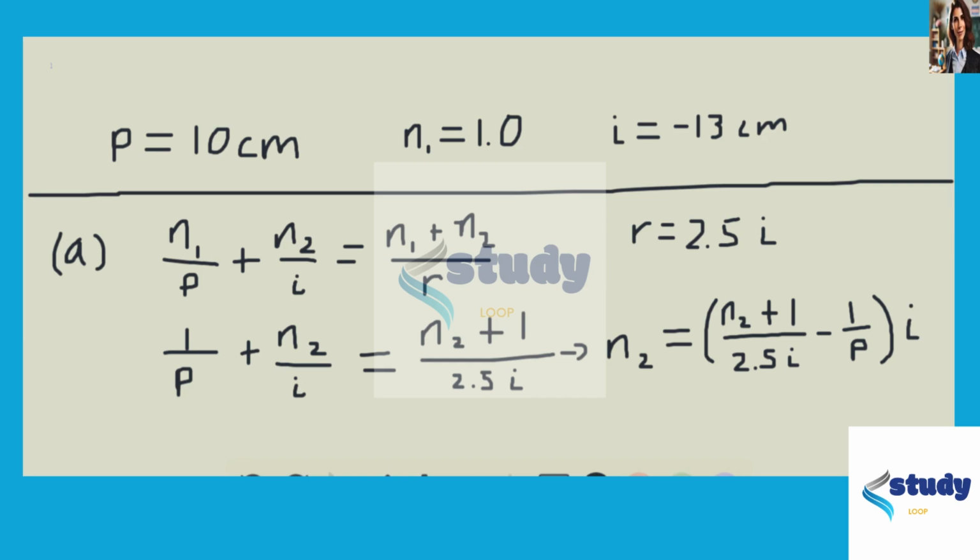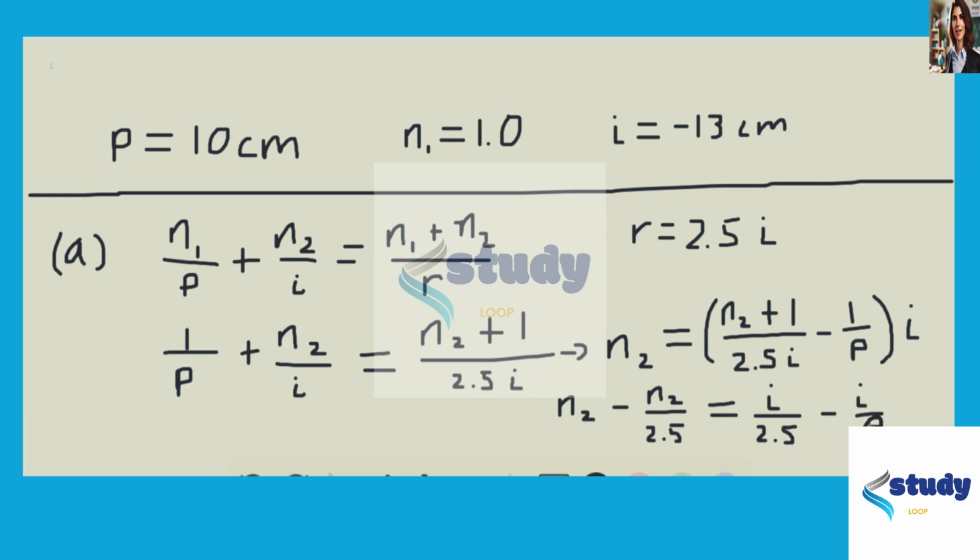So what we end up with is N2 minus N2 divided by 2.5 is equal to I divided by 2.5 minus I over P.